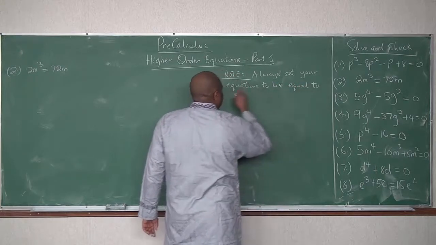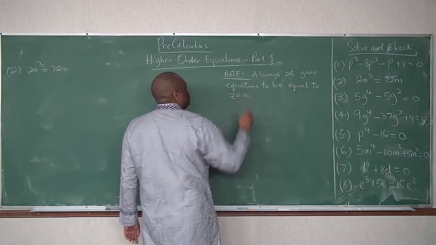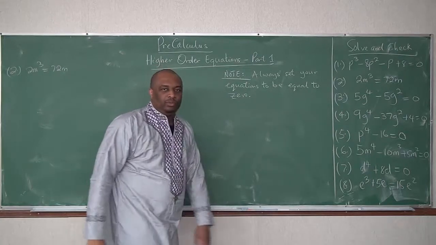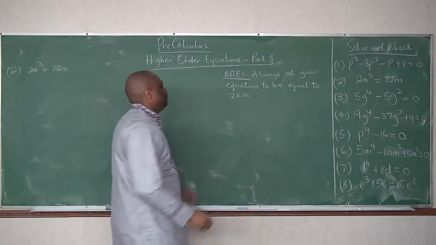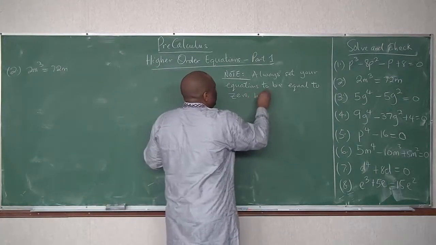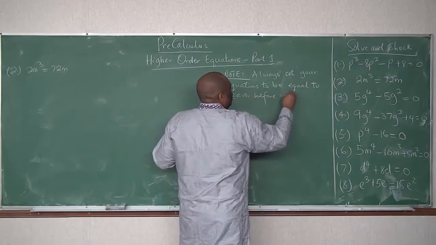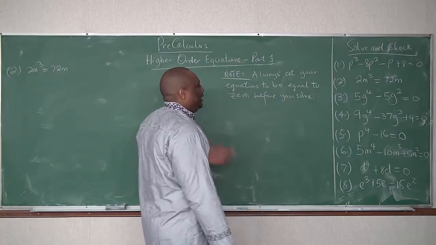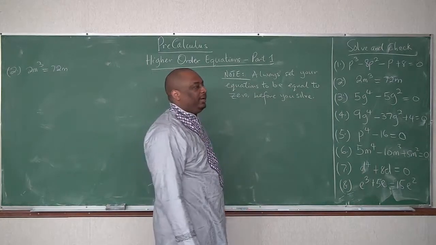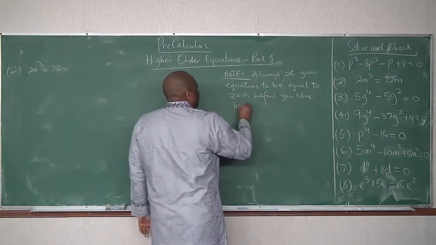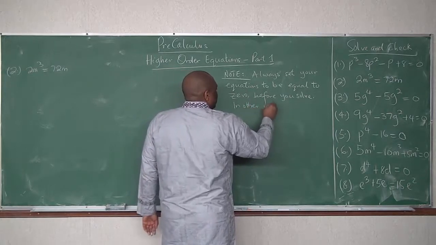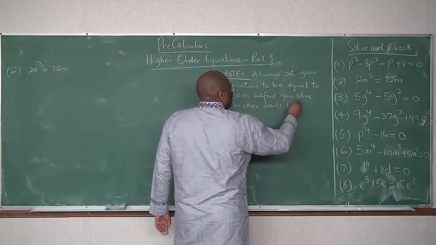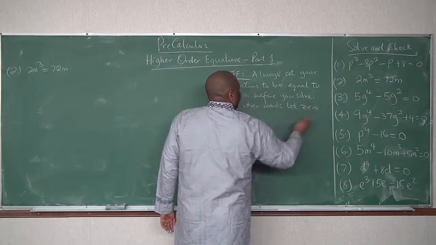If it is not set to be equal to 0, make sure you set it to be equal to 0 before you solve. Okay? In other words, make 0 to be on the right hand side. In other words, let 0 be on the right hand side.